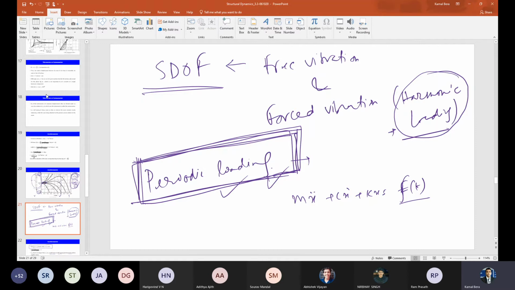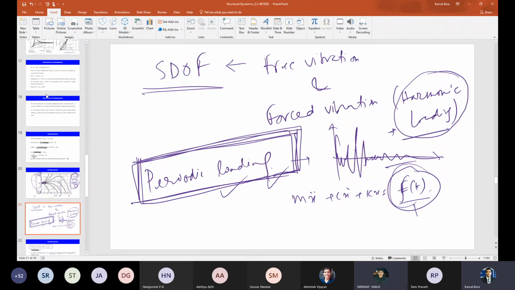Whatever way F(t) is, any arbitrary loading, say an earthquake, which looks totally random, forget about harmonic or periodic. If deterministic data is available, you just use the time history, and solve it numerically. That's all.